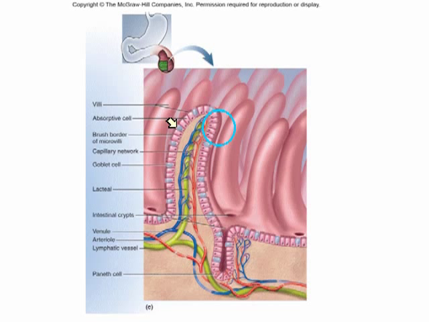The lymphatic capillary, once that lymphatic capillary or lymphatic vessel enters up into the villi, we then refer to that as a lacteal. And that's what you're seeing right there.